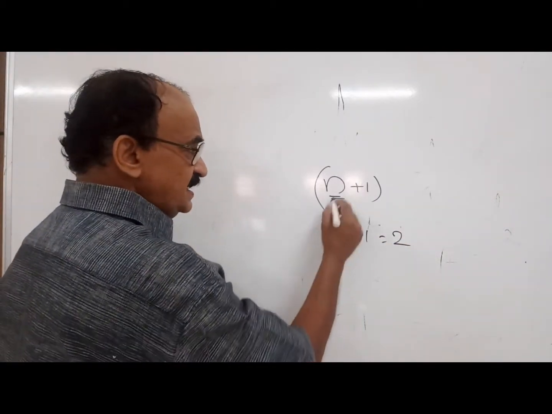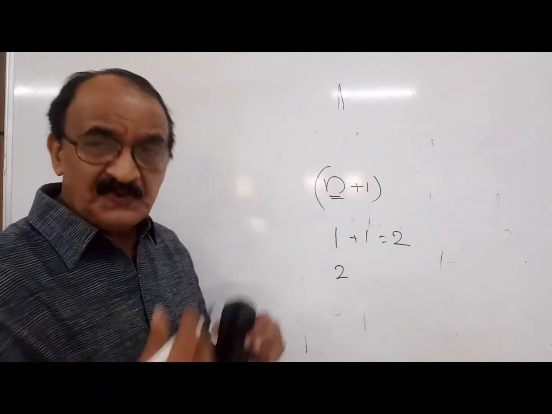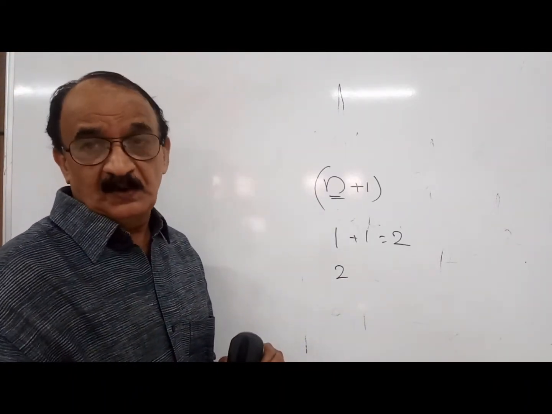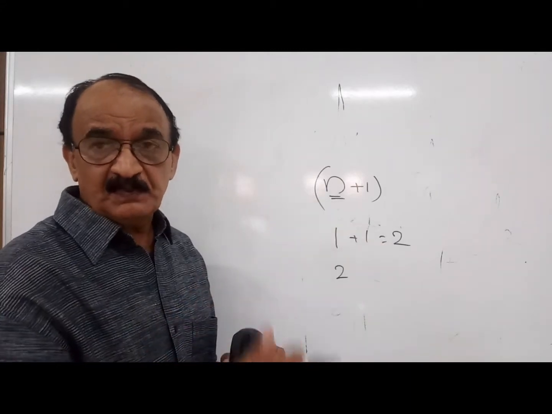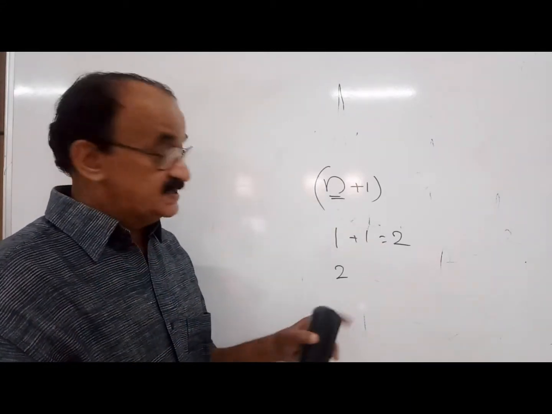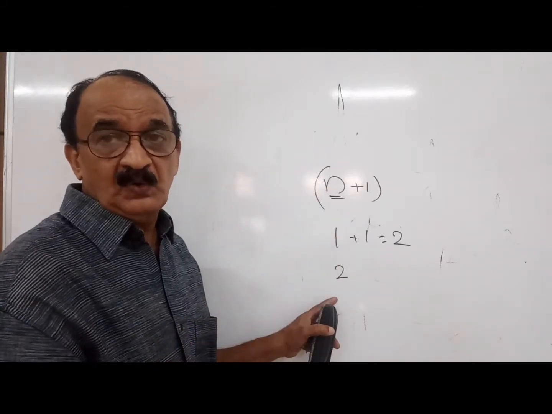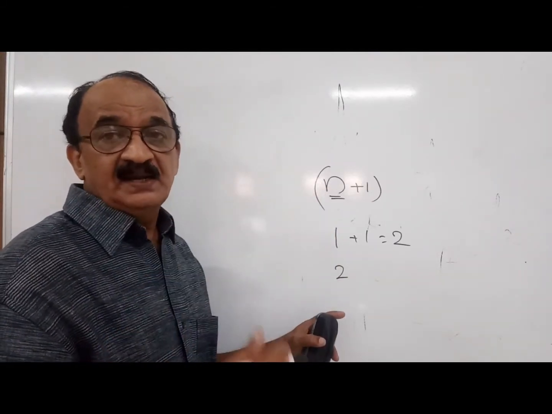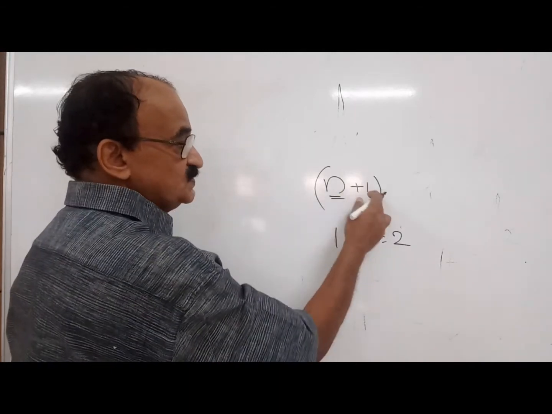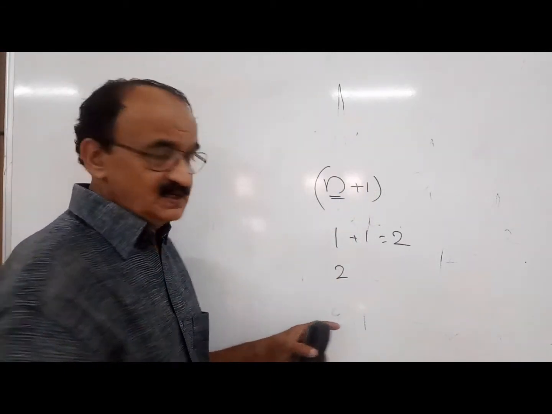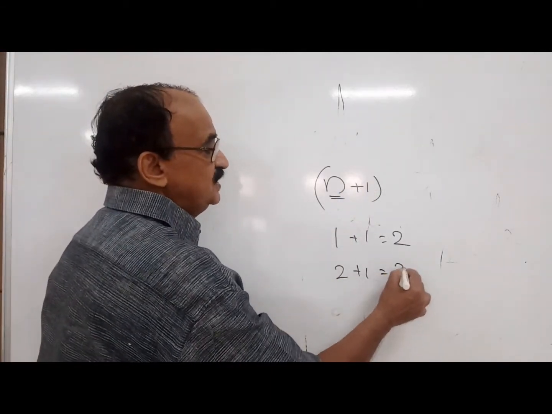And suppose n is equal to 2. If there are two neighbors to a set of protons, the signal due to that set of protons will be affected by the presence of two neighbors and will be split into n plus 1, that is 2 plus 1, equal to 3.